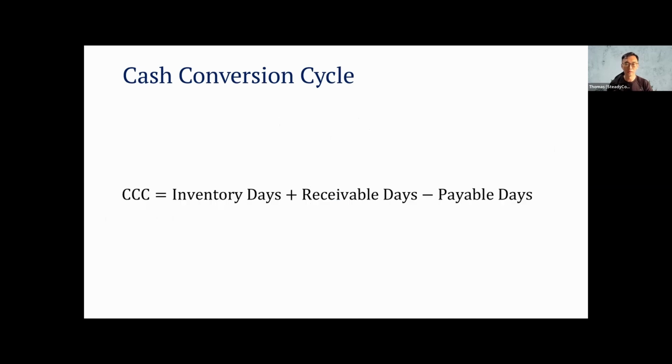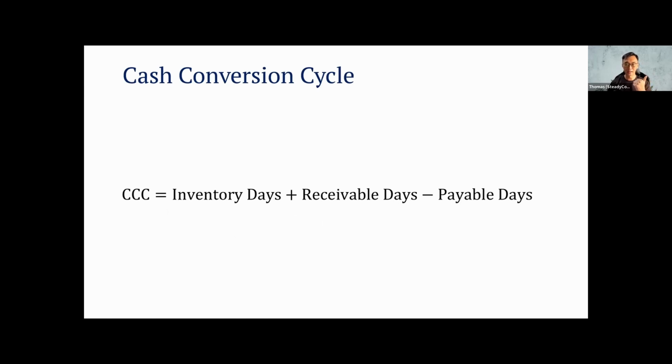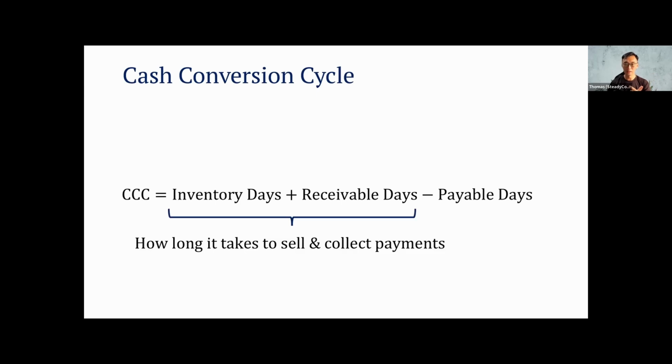Okay. So with that in mind, this is the cash conversion cycle formula, right? Cash conversion cycle equals inventory days, how many days the item actually stays in your warehouse, plus receivable days, how long it takes for your consumer to pay you, right? So these two parts of the equation are how long it takes for you to sell your item and collect payments.